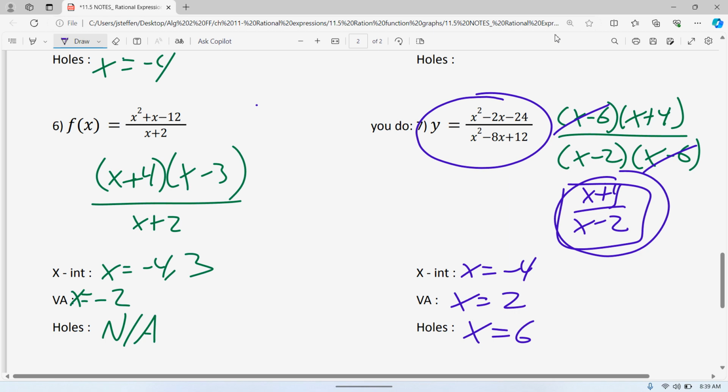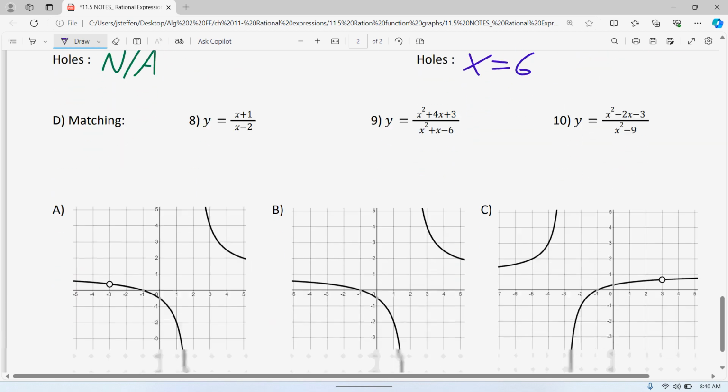And the reason is the only difference between what we started with and what we ended with right here is the holes. And Desmos doesn't graph the holes. So that's why you have to be really careful, because some of your graphs will look literally exactly the same. One will have a hole and one won't. So that's sometimes the only difference. And the main reason I'm telling you that is because of this next part, this matching part.